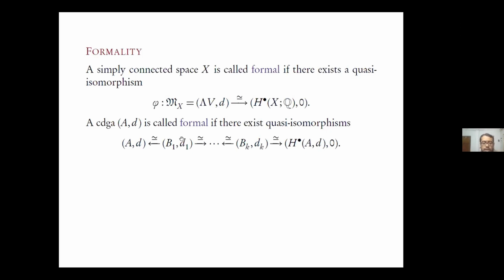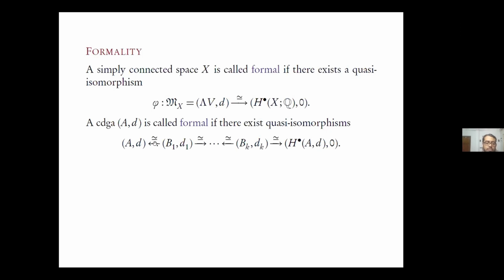But now I have a minimal model for the APL, so I can put the minimal model here, and in general, whatever these CDGAs are, I can have minimal models for these if they're one connected. And because maps between minimal models, when they're quasi-isomorphisms, are actually isomorphisms, they can be inverted. So this definition essentially for spaces boils down to this particular simplified definition.